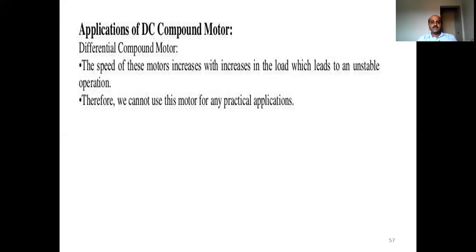So as you increase the load, the speed will also increase. Therefore, we cannot use this kind of motor for any practical application, because we cannot have control over the operation; the operation will become totally unstable. So this is what we call the DC compound motor.